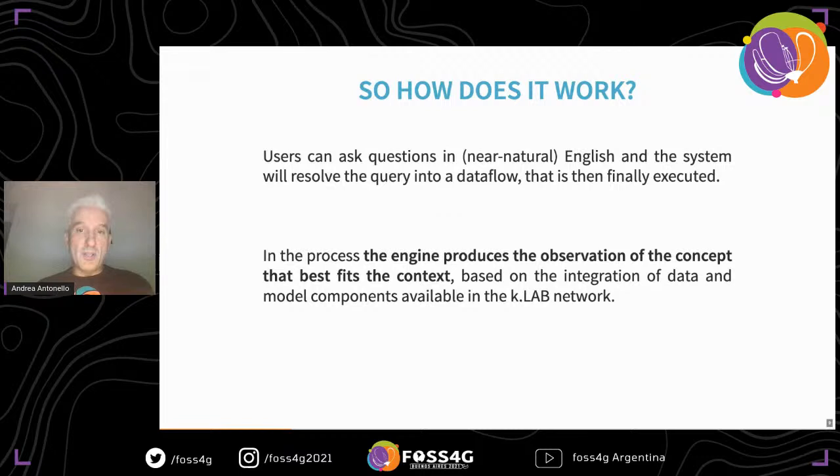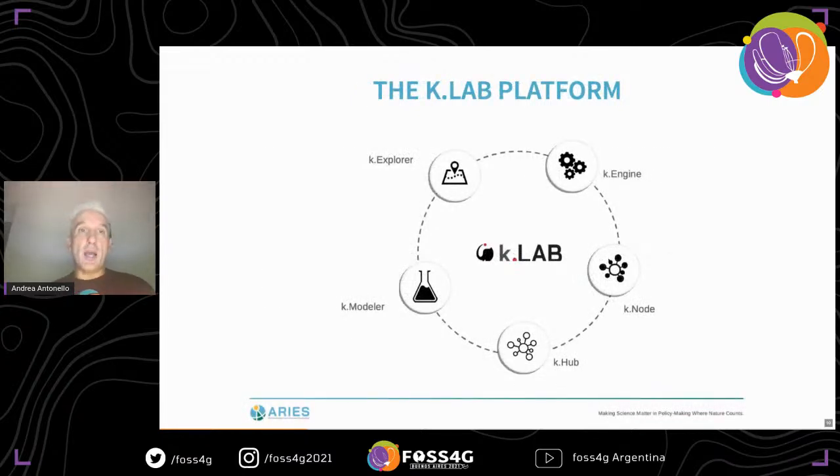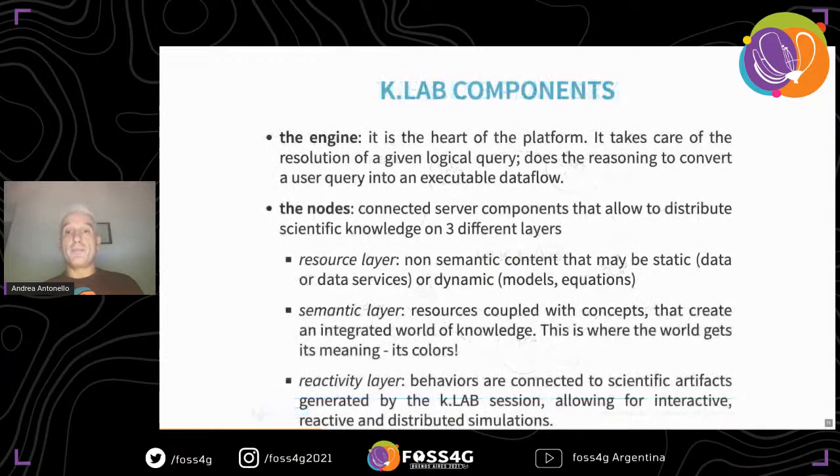So what happens in the KLab platform is that whatever is produced is also validated. But let's have a look at what the platform looks like. There are 5 components, and 3 are server components, the engine, the nodes, and the hub, and 2 client components, Explorer and Modeler.